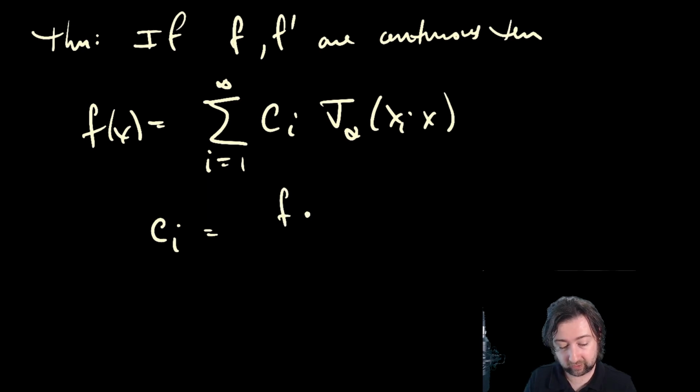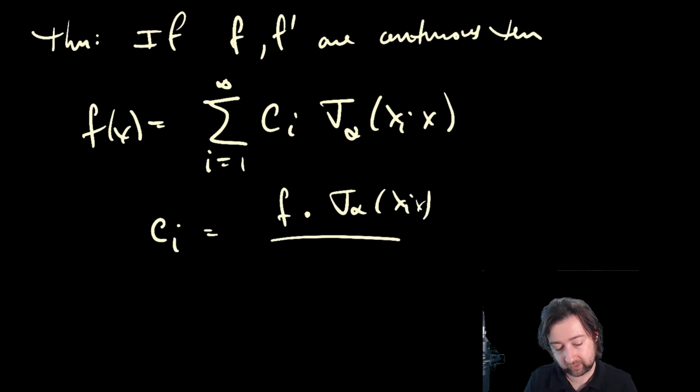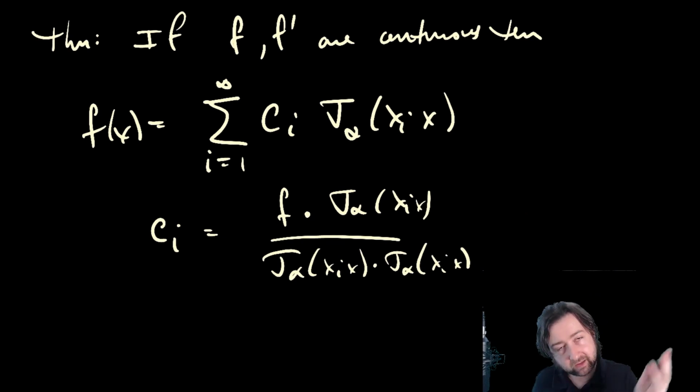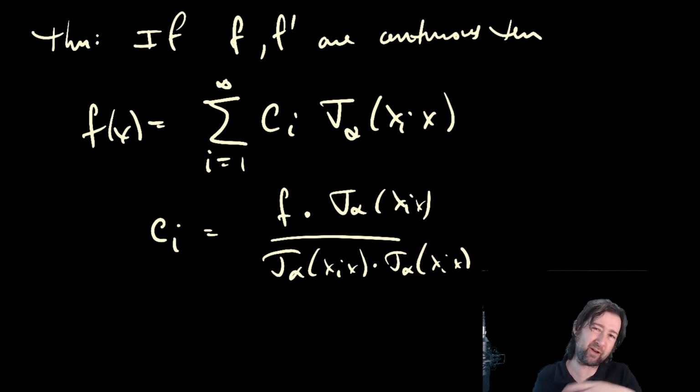F dot j alpha lambda i x over j alpha lambda i x dotted with itself times j alpha lambda i x. So the coefficients follow the same exact projection formulas we use in every other kind of linear algebra. Because the functions are orthogonal, we can use the projection formulas.